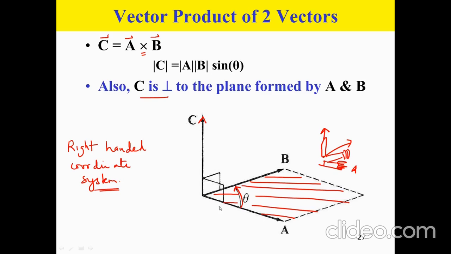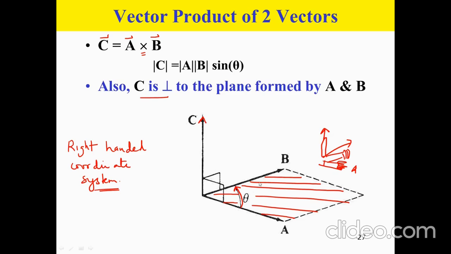Here you have two vectors a and b, and they form an angle between them which is theta. What we want to do is use the right-handed coordinate system. This is very important. You have to curl your fingers from the a direction towards b, and once you do that, you will see that your thumb points towards the c direction.